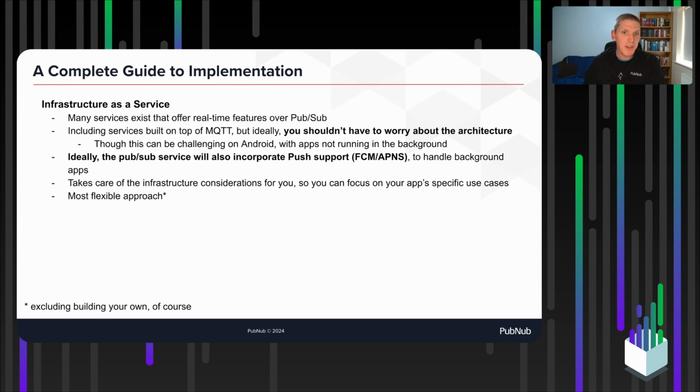So MQTT, for example, has RabbitMQ, and you don't have to worry about the architecture in that instance. And it would be great if you were to choose a solution that could also incorporate push messaging support, to handle background apps, to notify the user that there are real-time events to action on.